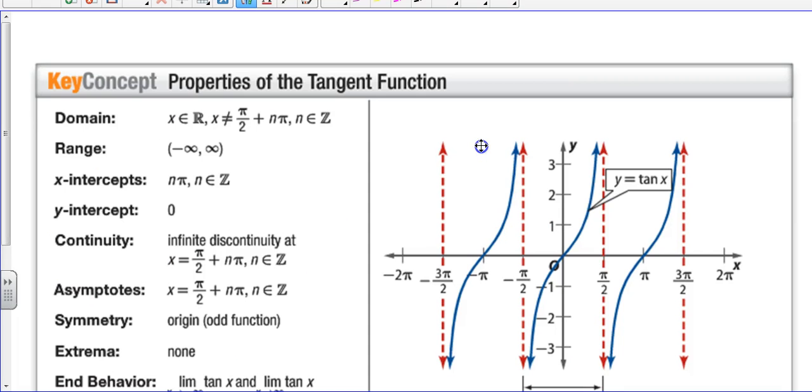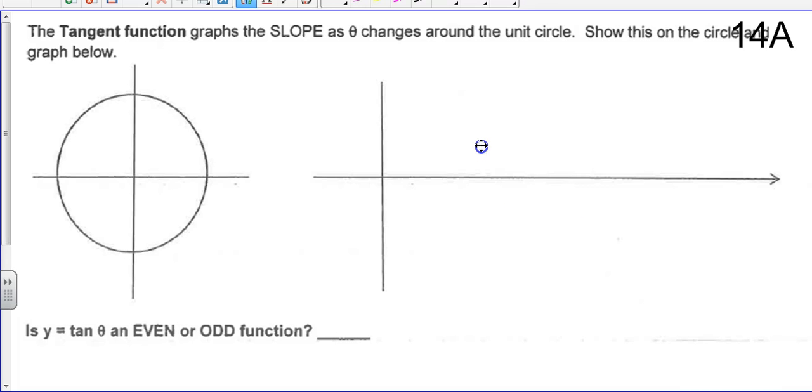We're going to flip over and look at worksheet 14A. On worksheet 14, I talk about slope. Slope is y over x, yes? So it's sine over cosine. What is the slope of this line right here? 0, okay? So that translates to this point right here.